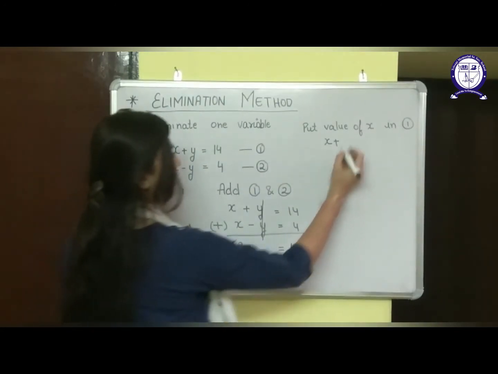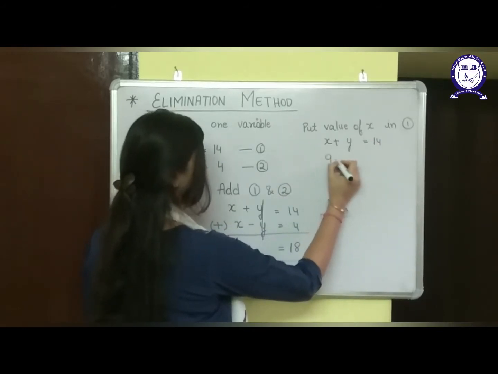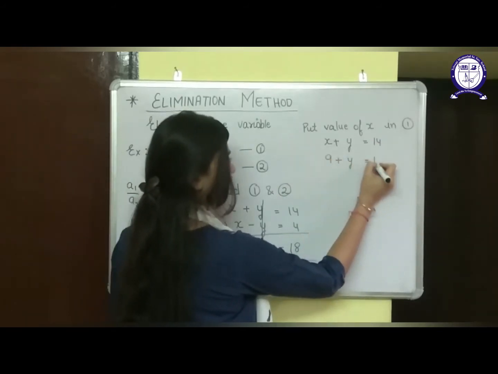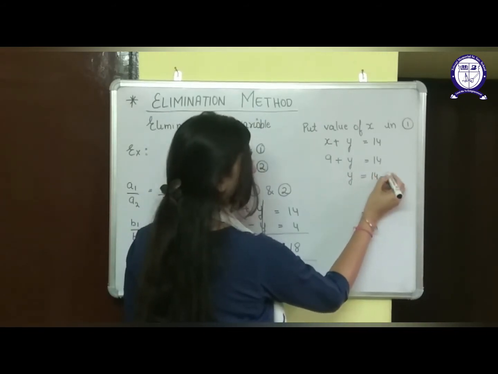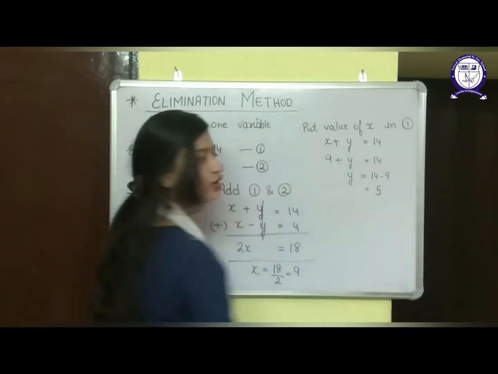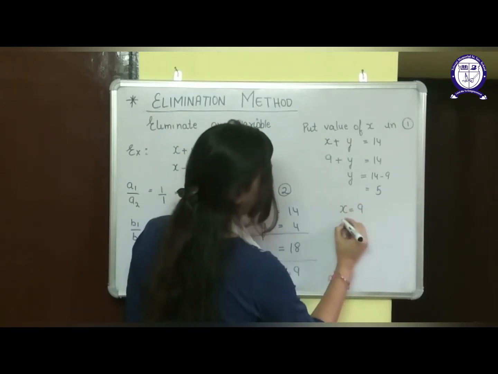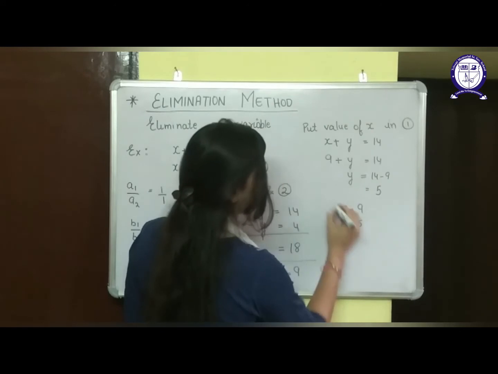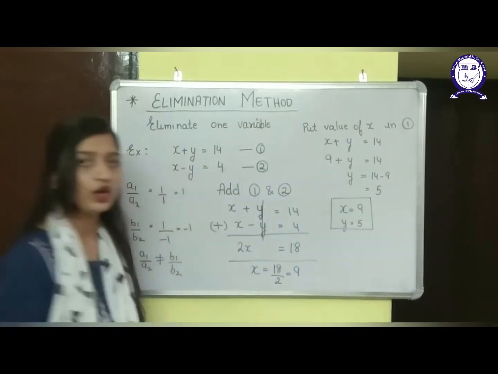So it will be x plus y equals 14. 9 plus y equals 14. So my y will be 14 minus 9, that is 5. So at the end I will write the answer, x equals 9 and y equals 5. This is my answer. Okay.